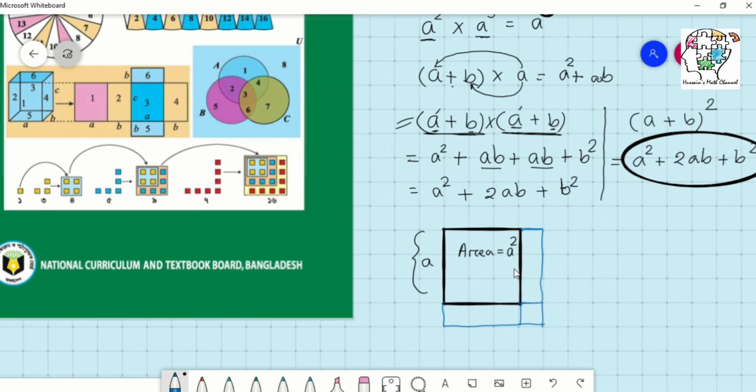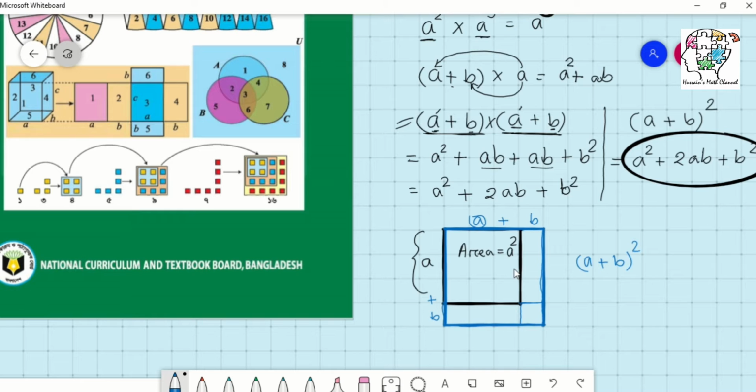Say this is b, so a plus b. This side is a, and we add another portion that is b, and here this is also b, so a plus b. So if we find the area of the bigger square, this total square, we can say that it is a plus b whole square.